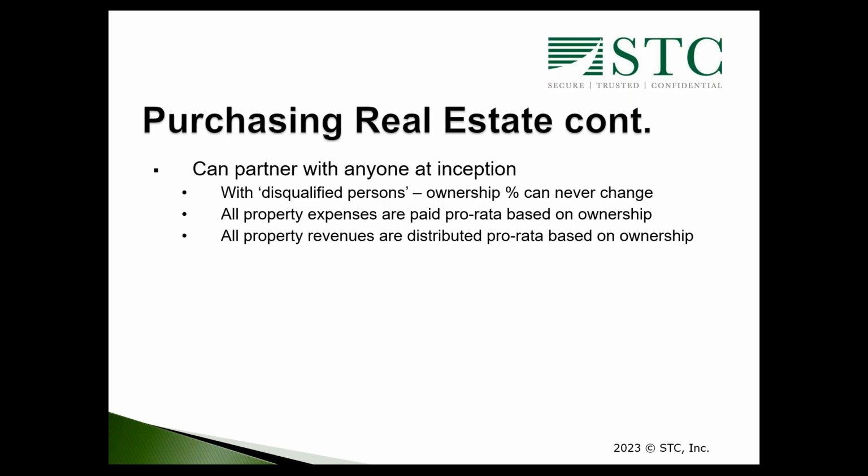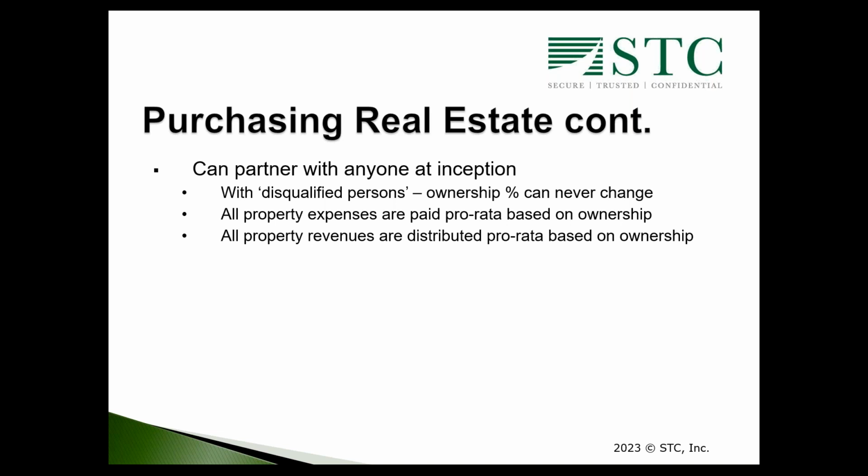Now, back to this situation, you can partner with anyone, including disqualified persons, at the inception of the purchase transaction. So if you partner with otherwise disqualified persons, the ownership percentage, the percentage of this transaction that each owner has, can never change during the life of the transaction.